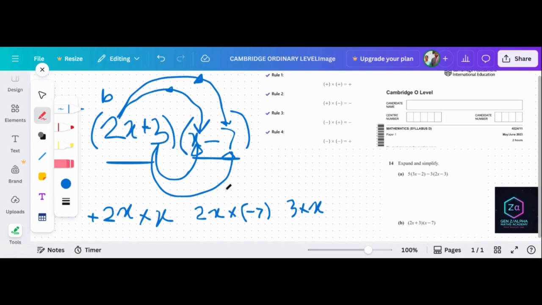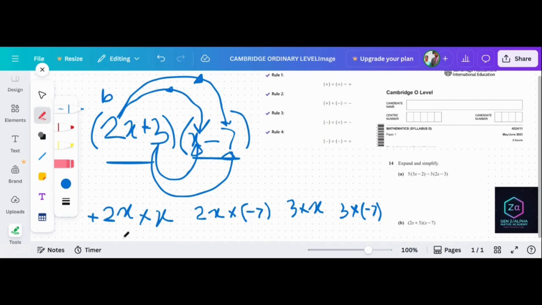And the second one, 3 into what? Minus 7. These are the steps that you have to follow, right? So 2x into x, right? Indices law. We will discuss the indices laws in next videos.